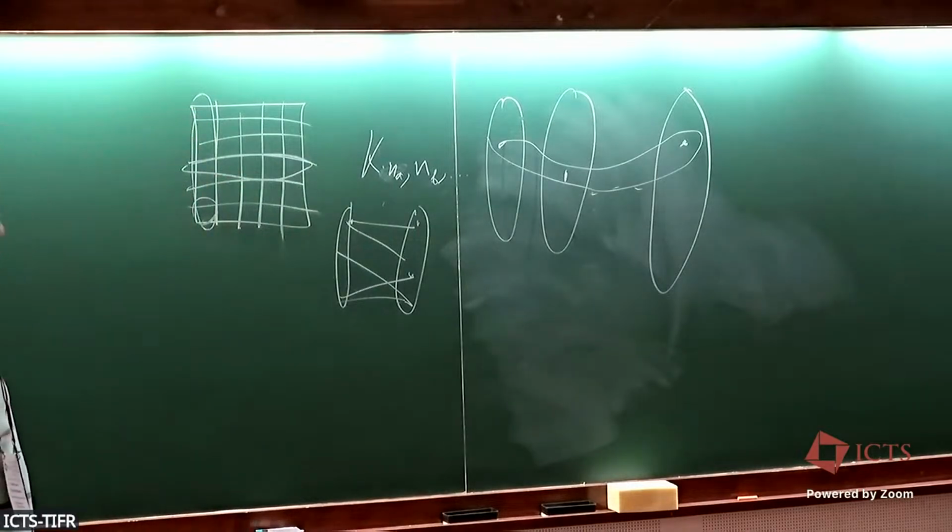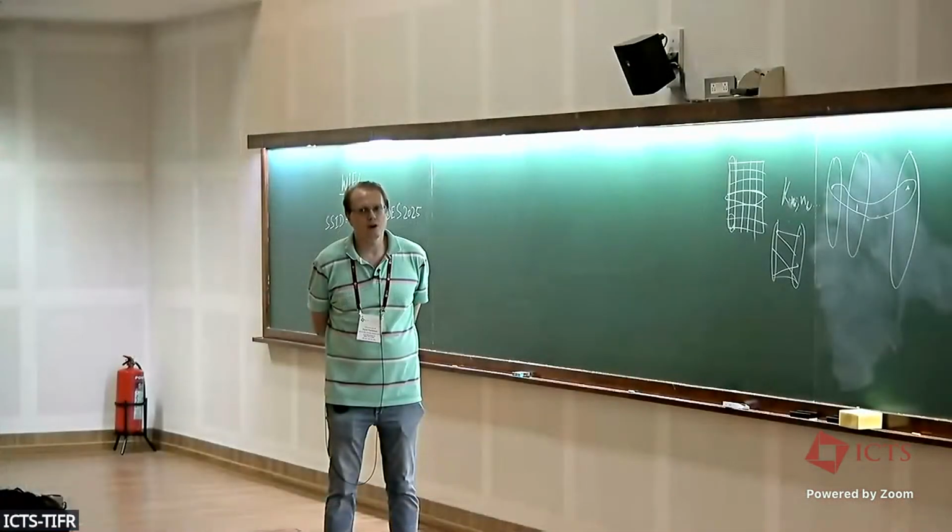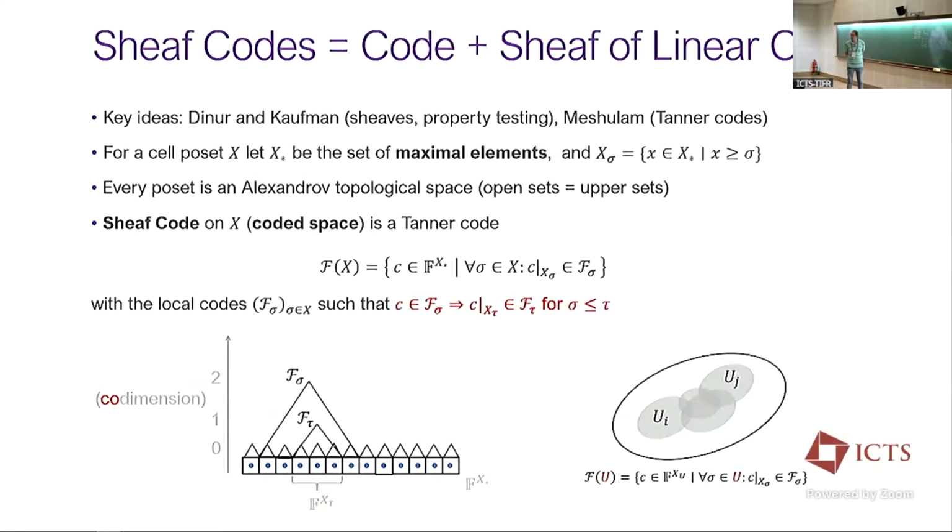For Reed-Muller codes, I'm not sure I know a good one, maybe we need to consider all possible planes. So it means that if you have a code, you can fix some hierarchy of localities.